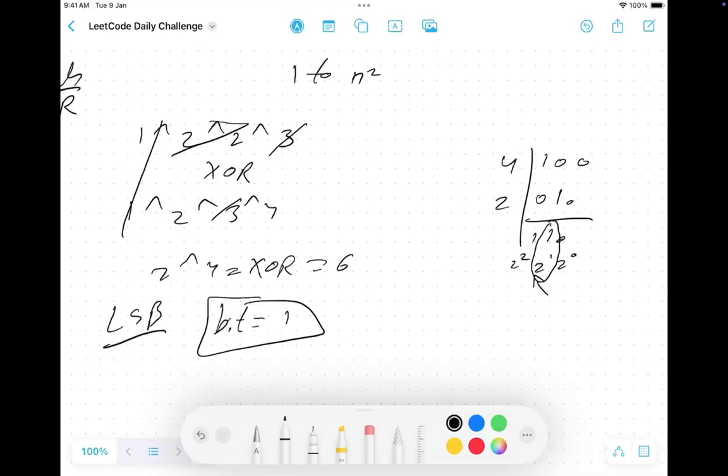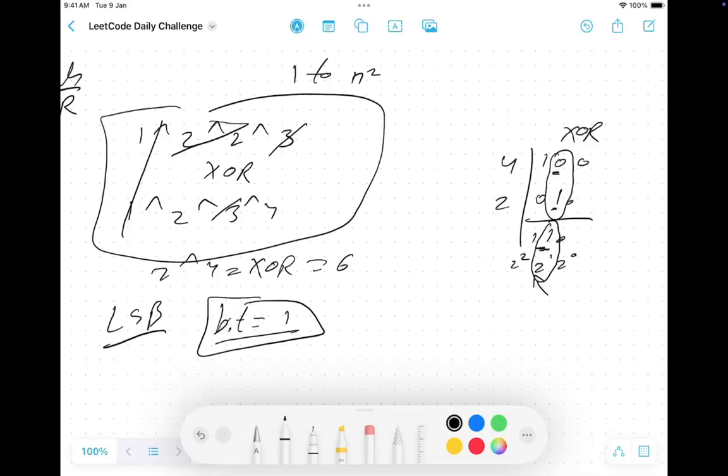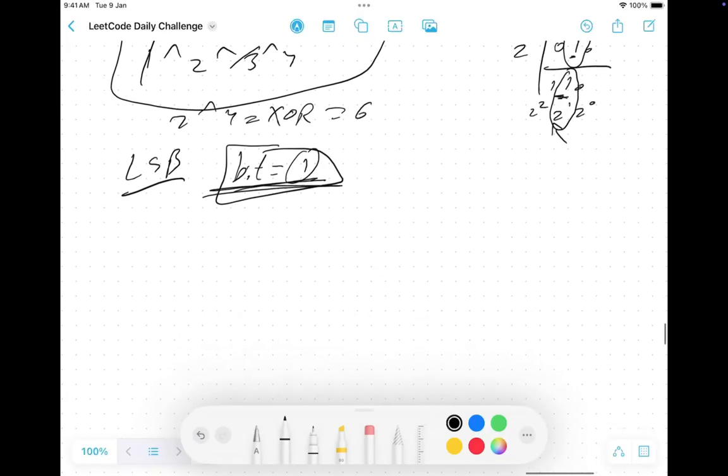The least significant bit being set means one value has 0 and another value has 1. That's why we are getting XOR, and the XOR bit is set. Then we're going to divide the values into buckets: in our first bucket, all the values have that bit set, and in the second bucket that bit is not set.